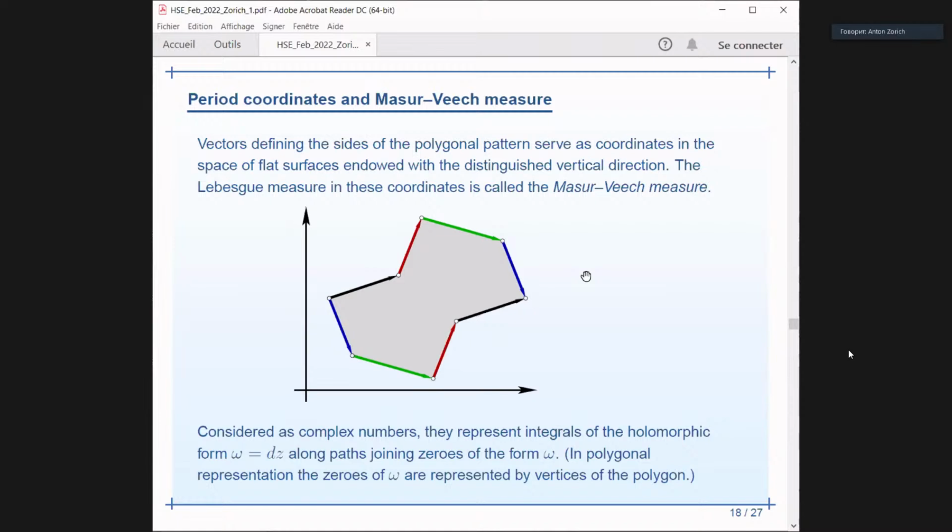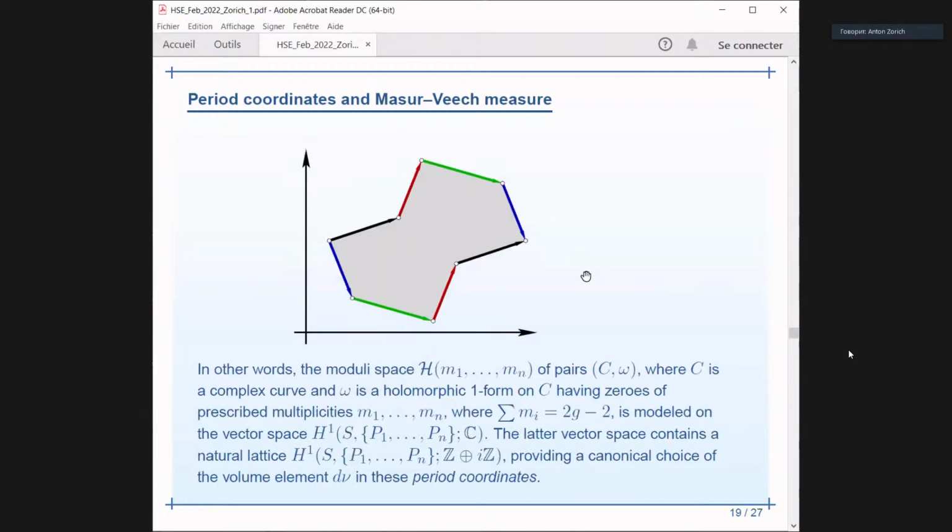But since the identifications are z equal to another local z plus a constant, when we pass to differentials, the differentials are the same, and you really get a well-defined form dz on the surface. And again, an exercise in complex analysis is to verify that points which come from vertices of the polygon give rise to zeros of this holomorphic one form. So we get an abelian differential.